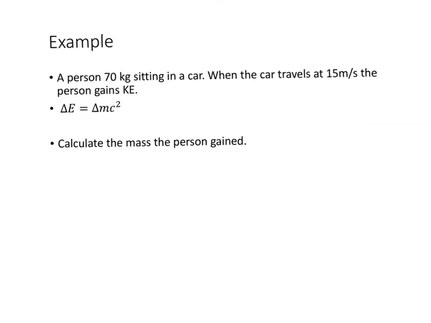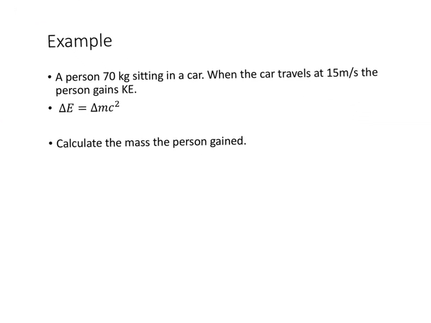Now this is a nice example to have a quick look at how tiny an effect gaining kinetic energy has on a person's mass, and we will calculate that as well. Consider a person who, while at rest, has 70 kilograms of mass, in a car.